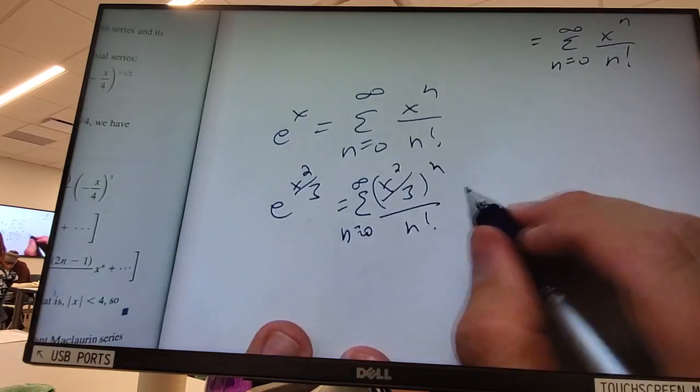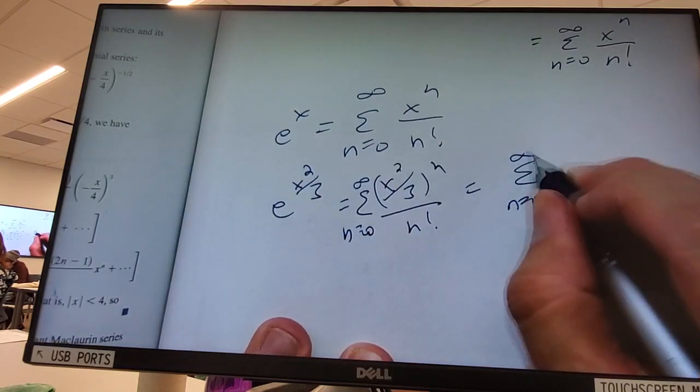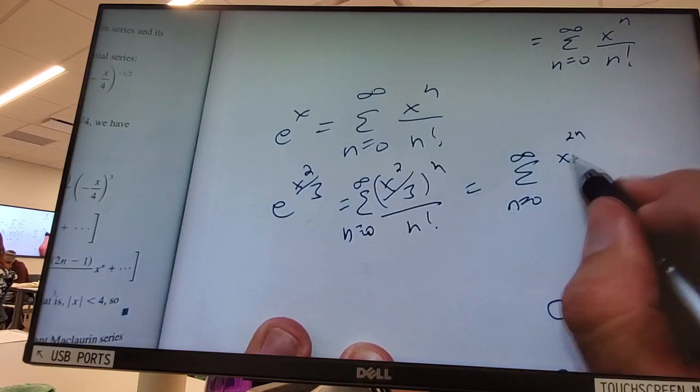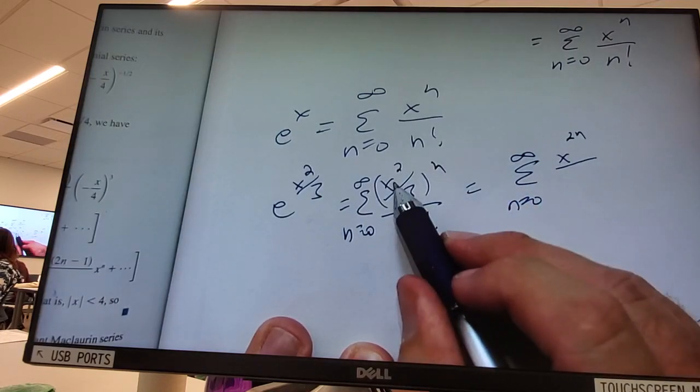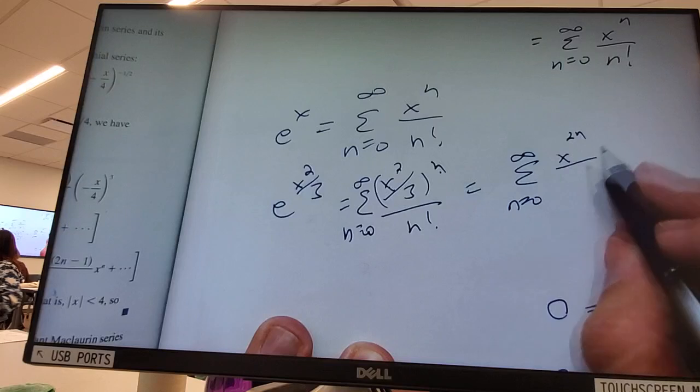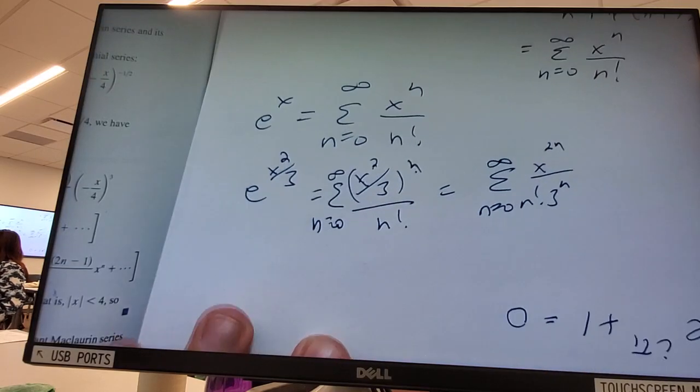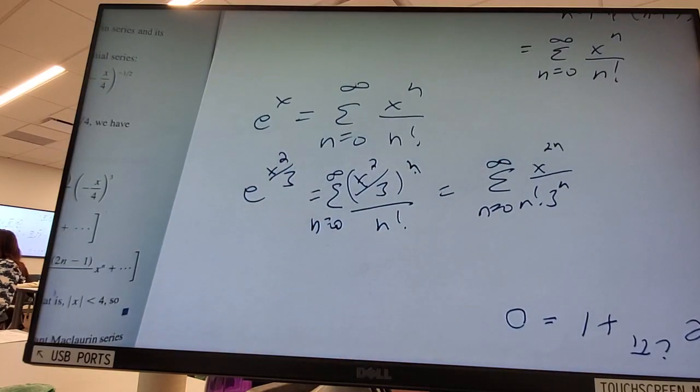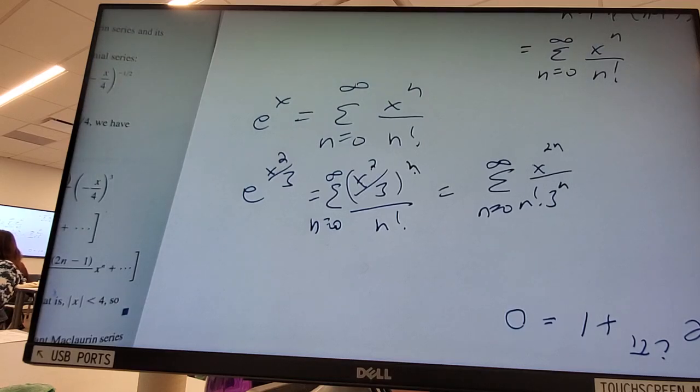Do you see how this works? X to the 2n, and then I could put on the bottom 3 to the n. Is that cool? So I had a different function, but I did not have to go through the whole process because it's based on a function I know. So there'll be a whole subset of homework problems that are like that.